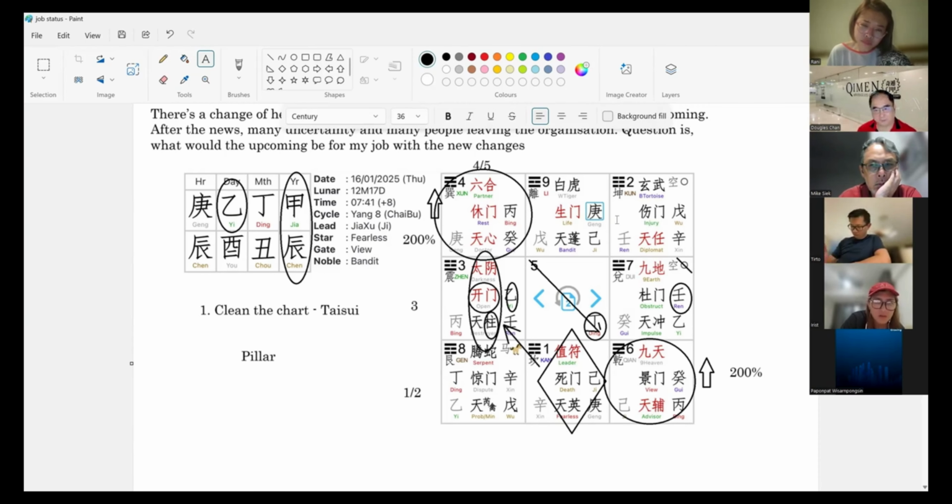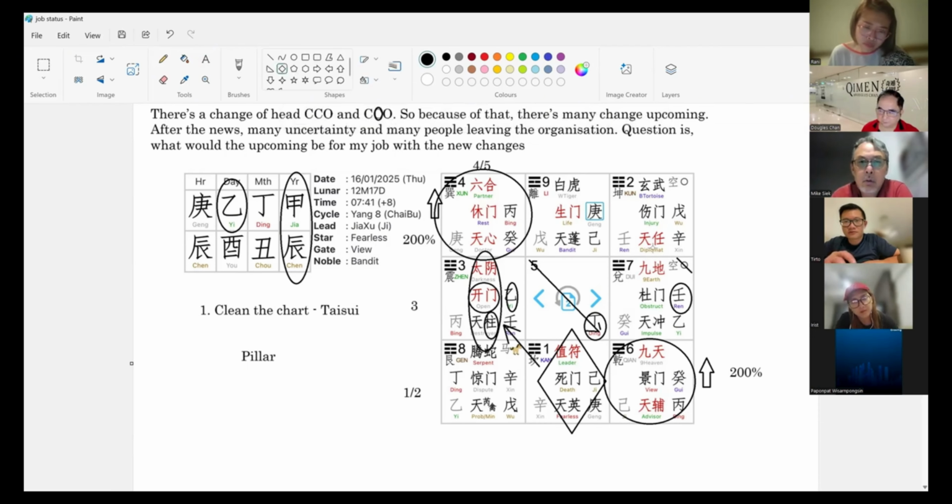There's one more thing we haven't seen. How about the top CEO? Where is it? Is it the church in itself? Run? Burn. In where? 7. So the CEO is in box number 7.